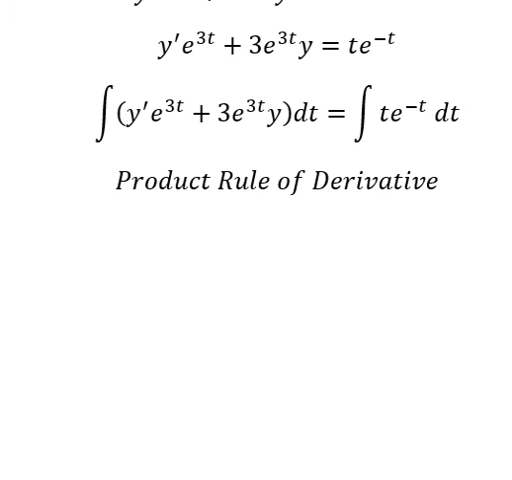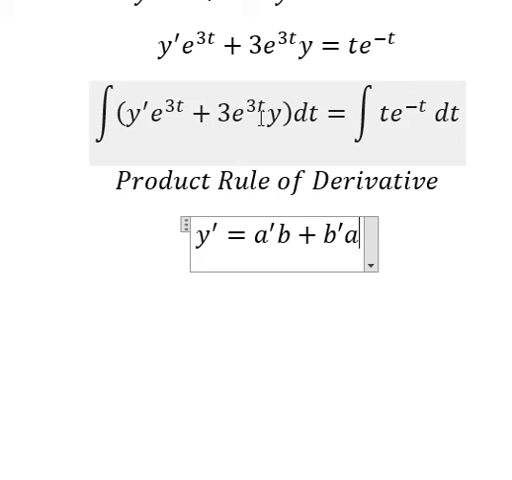So we have the first derivative of y equals the first derivative of a multiplied by b plus the first derivative of b multiplied by a.